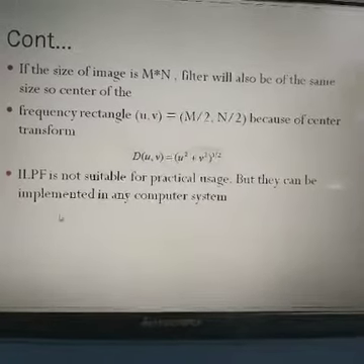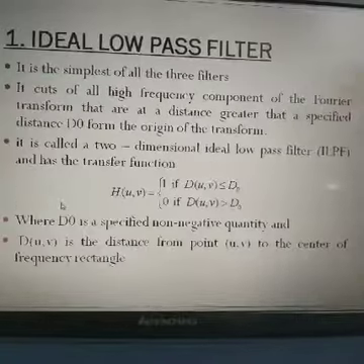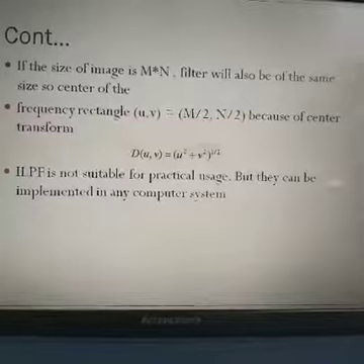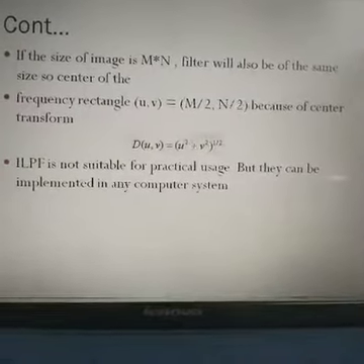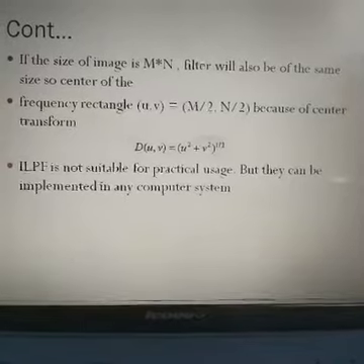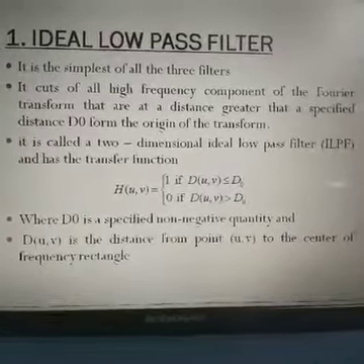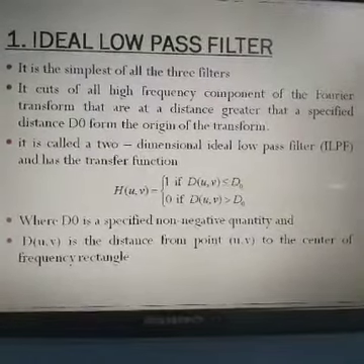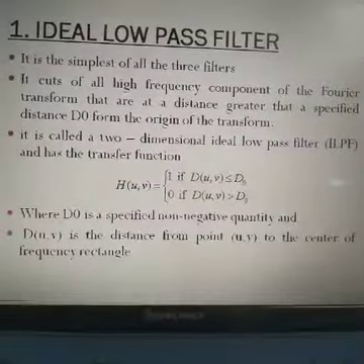So the ILPF, the ideal low pass filter, is not suitable for practical use, but it can be implemented in any computer system. The main concept of the ideal low pass filter is that it cuts all the high frequency components of the Fourier transformation, and we see the distance factor.